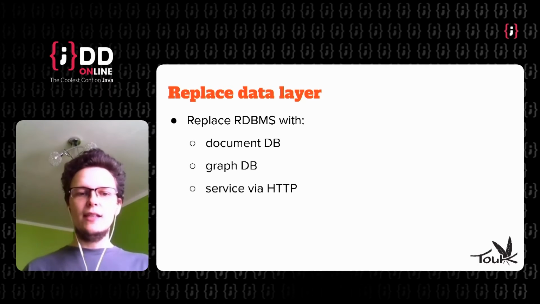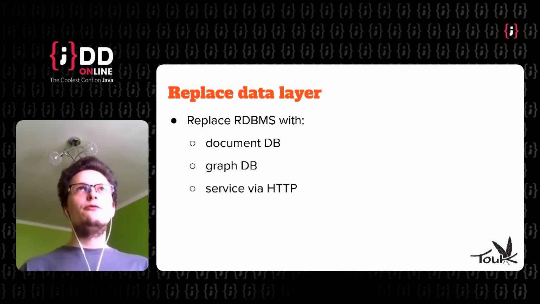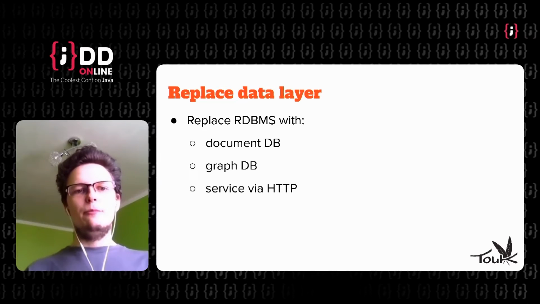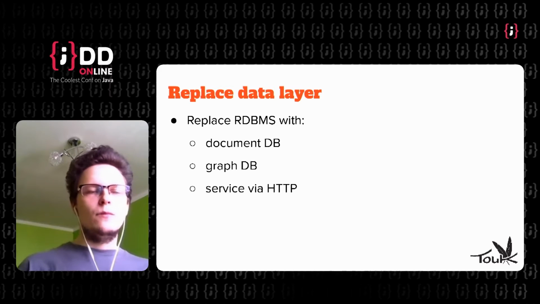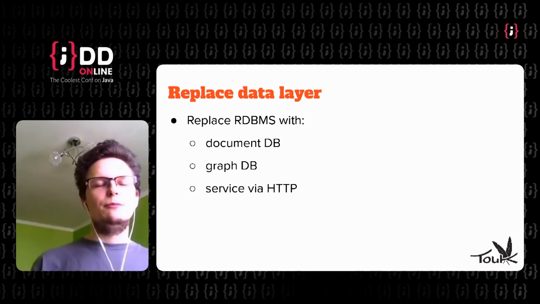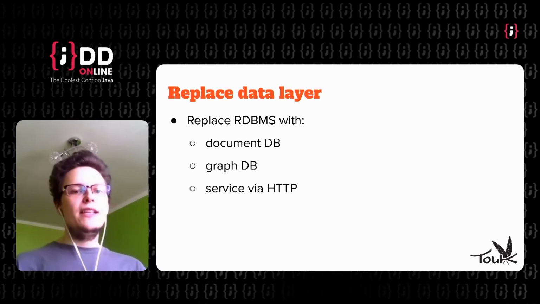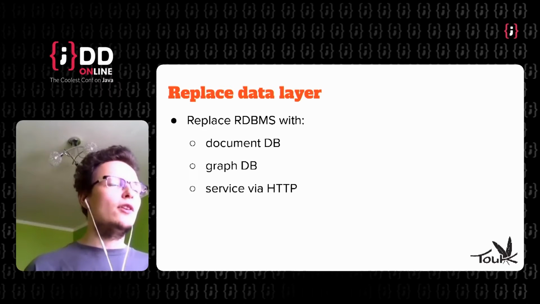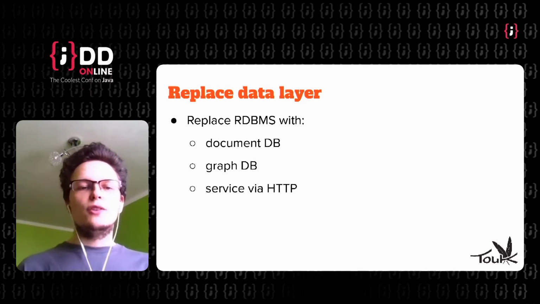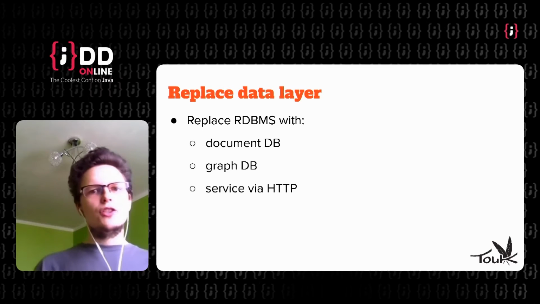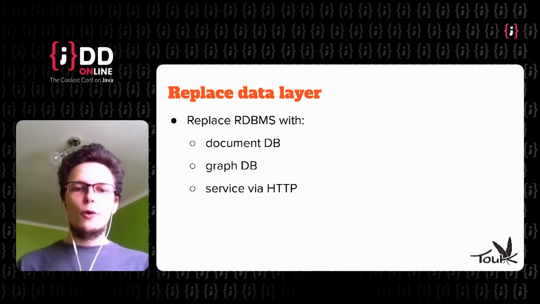We choose the database which fits our needs better. And with microservices, it is common to replace the technology because it's better for some cases. So replacing a relational database with a document database like Mongo, or a graph database, or a service available via HTTP, is becoming more and more popular.